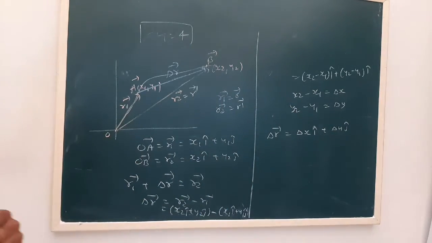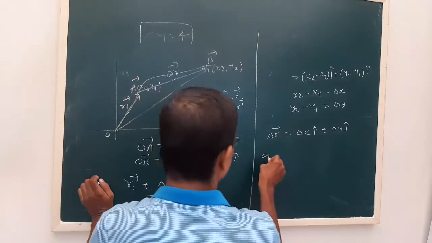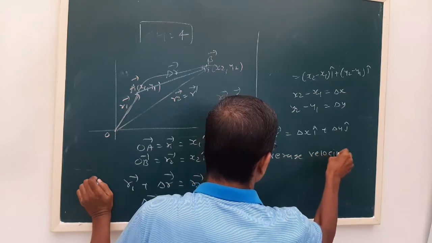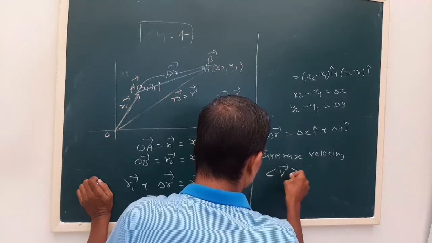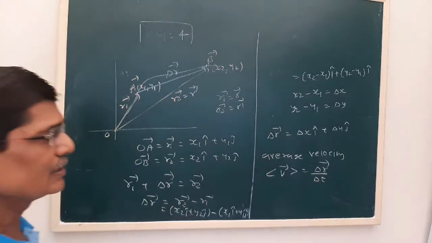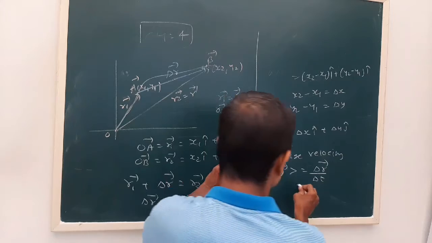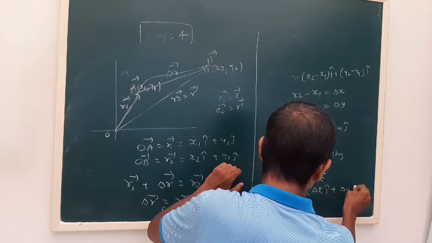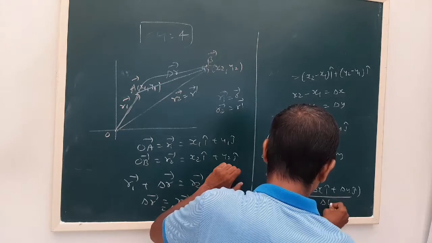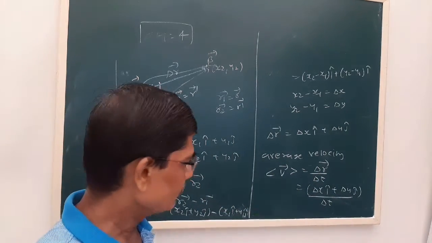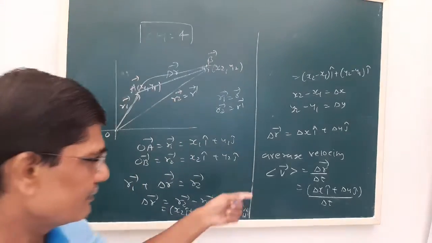Now see the average velocity. Delta r by delta t, that is delta x upon delta t i caret plus delta y upon delta t j caret. Now this is how we can represent the average velocity.